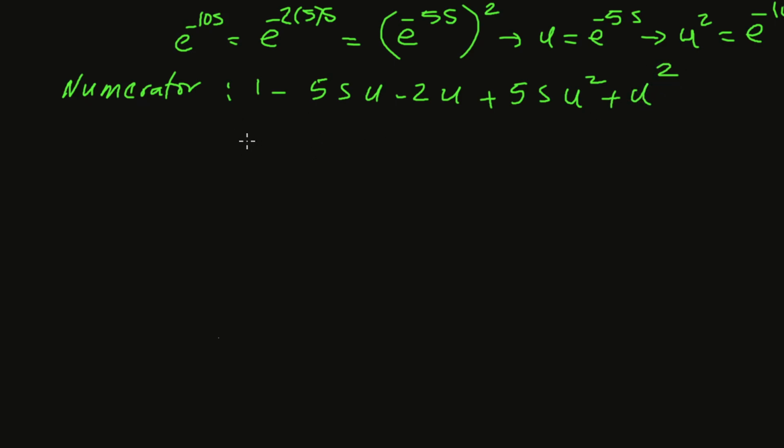You see, now with the u it's going to look nicer. So u squared minus 2u plus 1 plus 5s u squared minus 5s u, 1, 2, 3, 4, 5 terms.